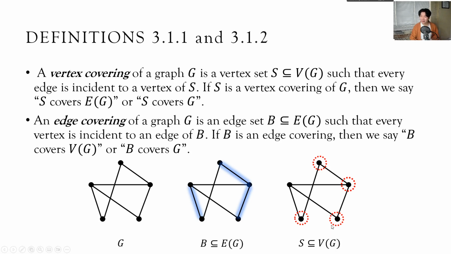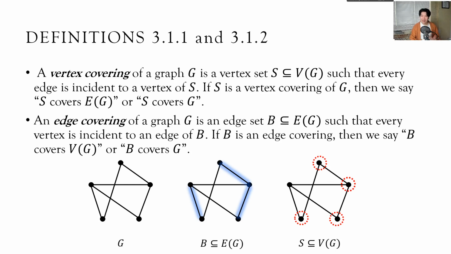What about here on the far right? Here I've selected 4 vertices. If I look at these 4 vertices, is it true that every edge in my graph is incident to at least one of my vertices? Looking through it very quickly, we should verify yes. For example, on the far left, this edge is incident to this vertex. These 2 edges are incident to their respective vertices, and the rest of these are also incident to a chosen vertex as well. So here I have a vertex covering.